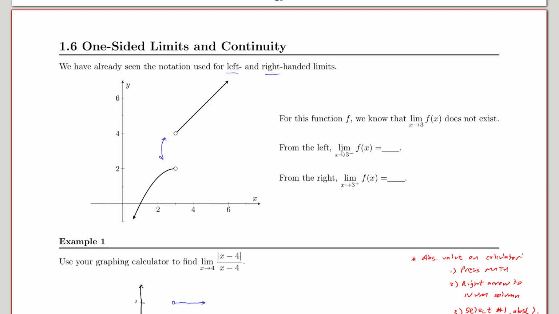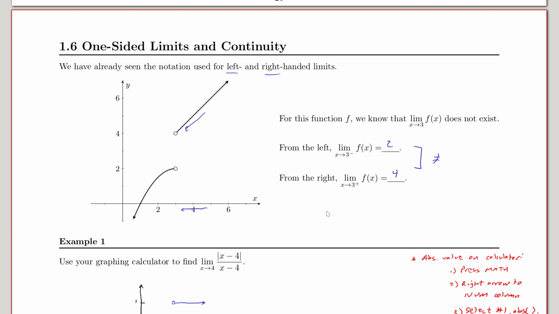As x approaches 3 from the left, as we squeeze in from the left-hand side towards 3, your function is heading up towards that height of 2. As we squeeze in from the other side on 3, our functional values are heading down towards that height of 4. So the limit doesn't exist because these are not in agreement.